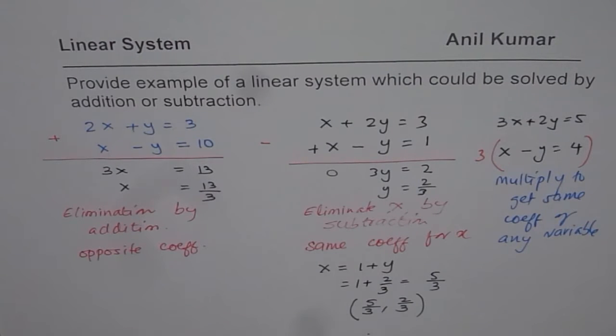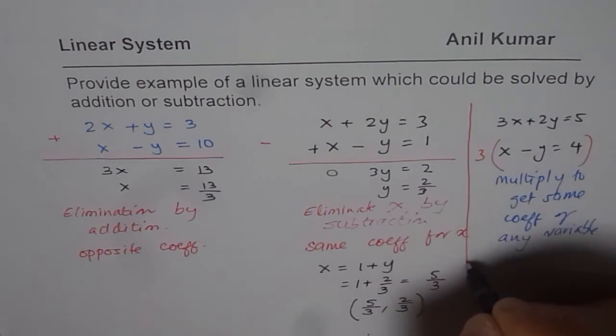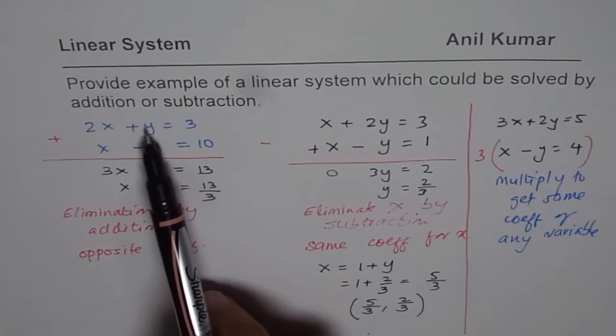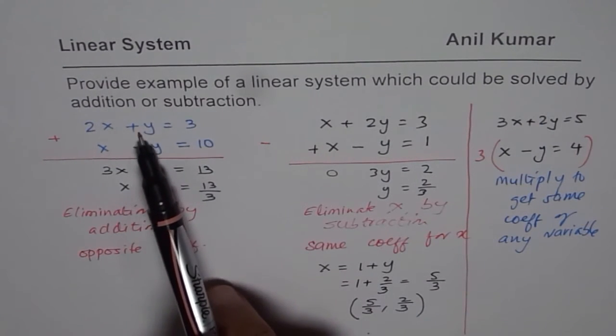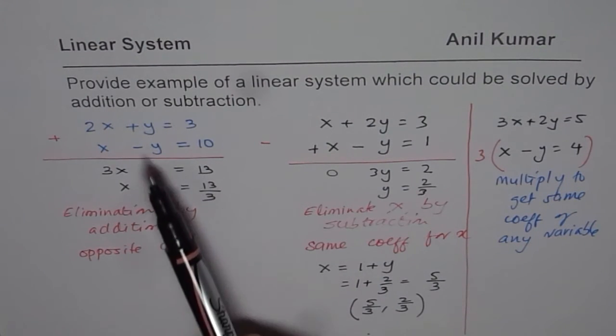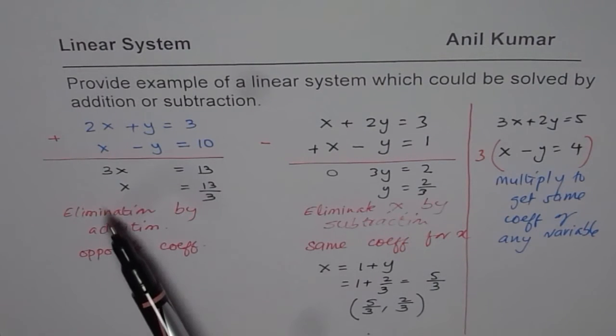So here what we have learned is that here we have opposite coefficients, here we have the same coefficient. If you are given the same coefficient, you can subtract and eliminate that variable. If you are given opposite coefficients, then you can add and eliminate one of the variables and solve for the other.